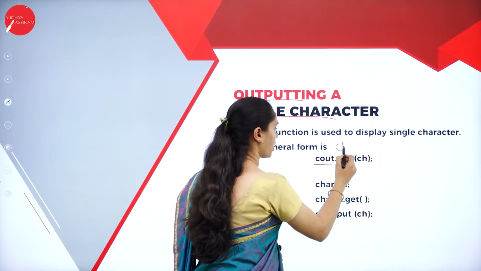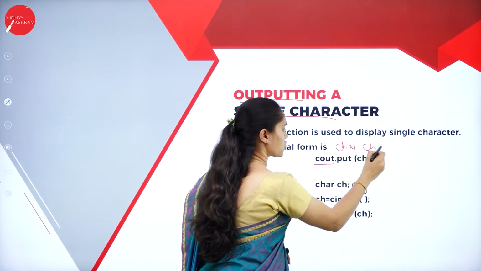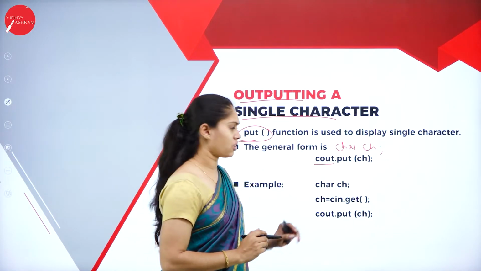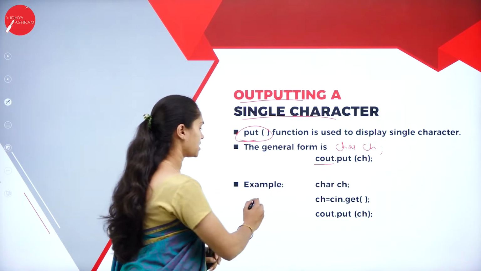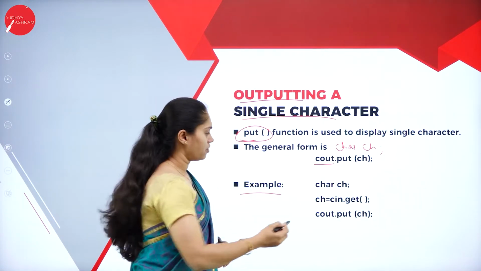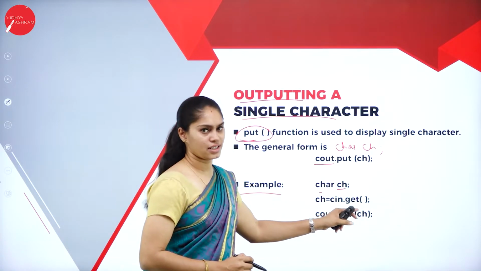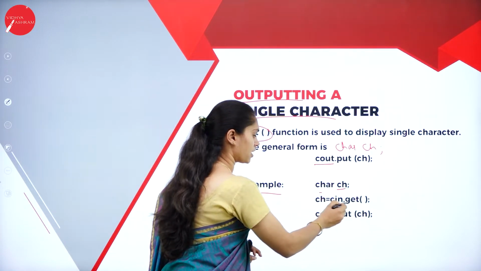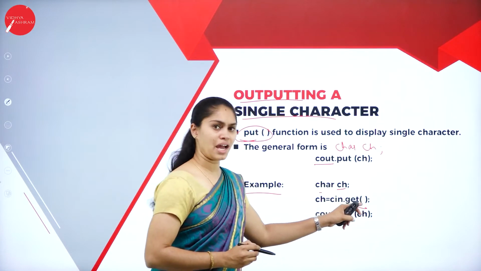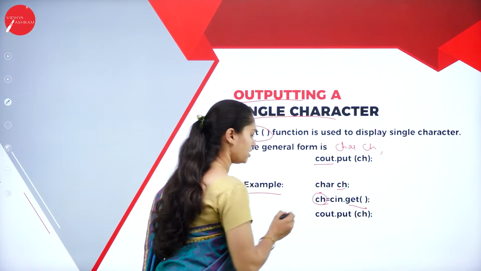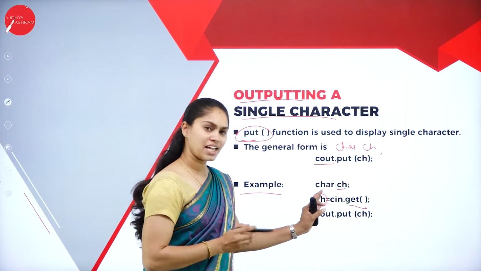Before this, you also have char ch. First we have to declare it, and only then can I take that as an input. You can see the example here: char ch, we have declared. After that, ch = cin.get(). For the get function, I am giving the value ch as an input.